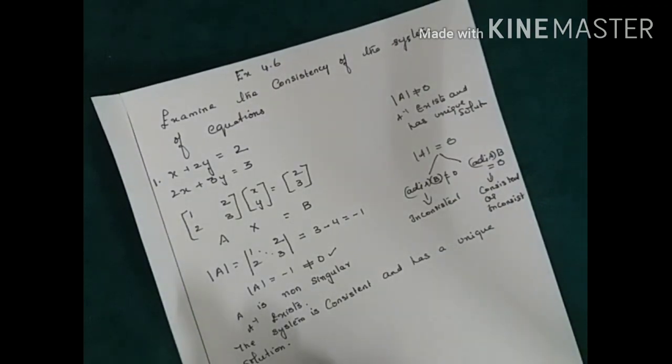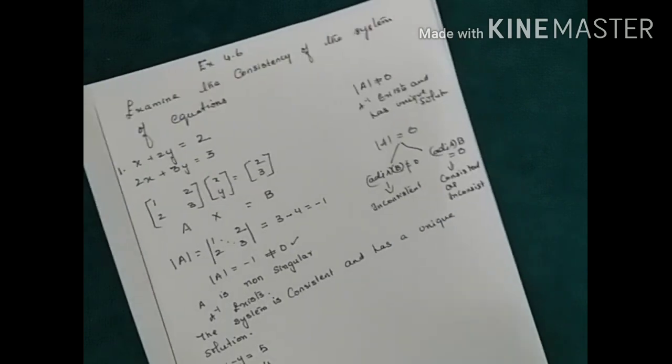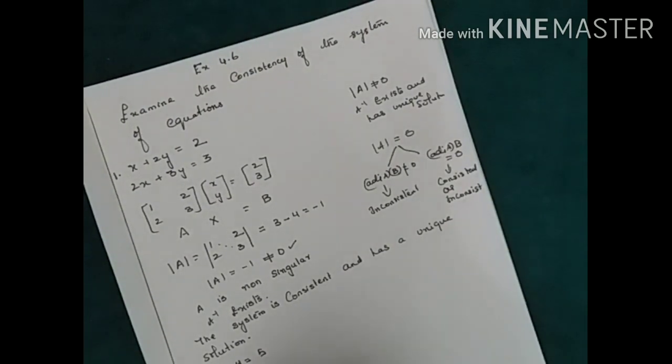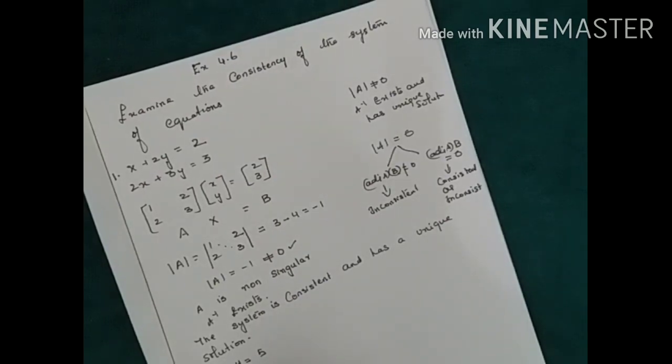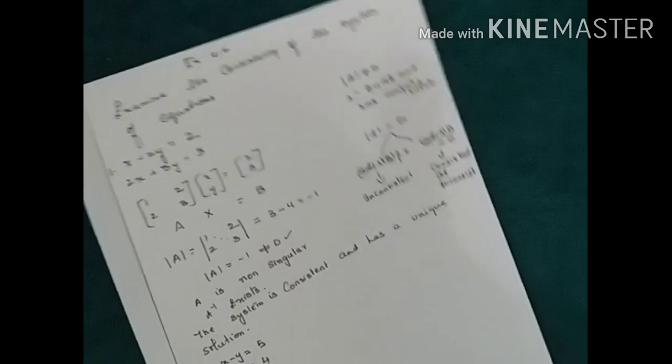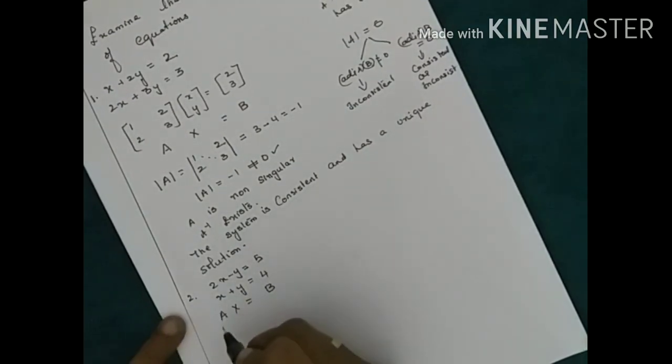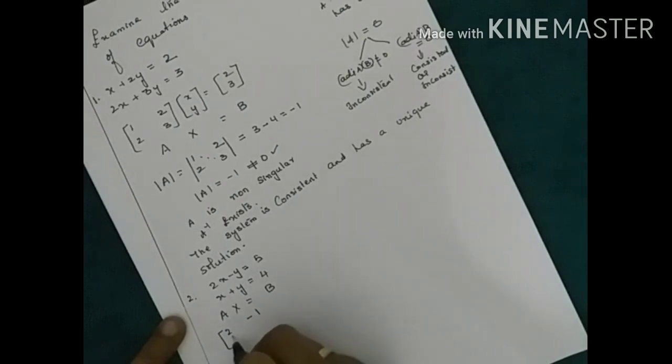2x minus y is equal to 5. x plus y is equal to 4. So before that, first we have to find the determinant of A. Before that, let us write it in the matrix form. Ax is equal to B. What is matrix A? 2 minus 1, 1, 1.